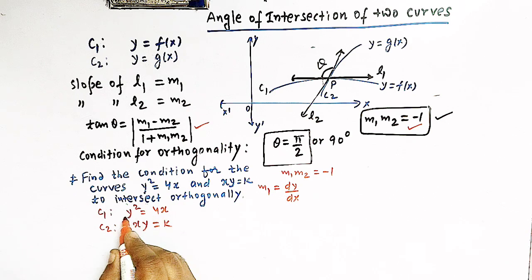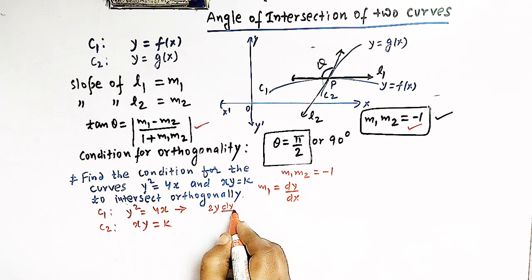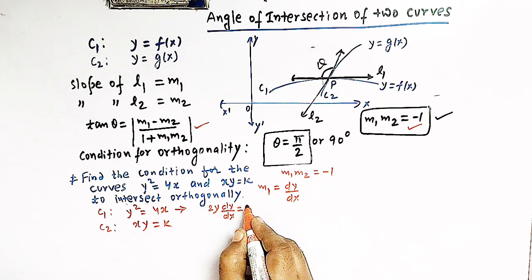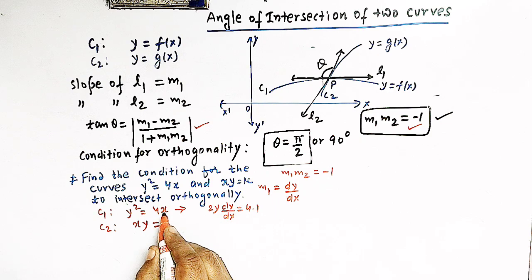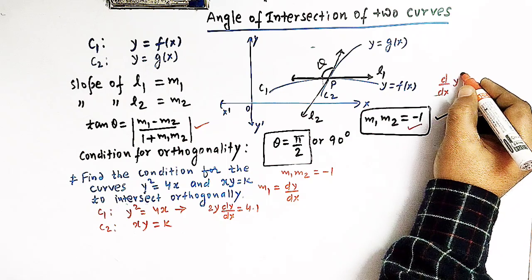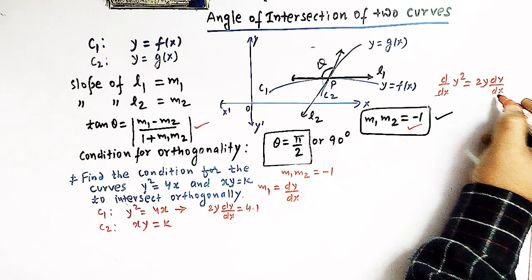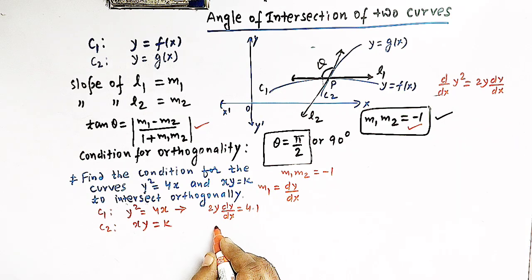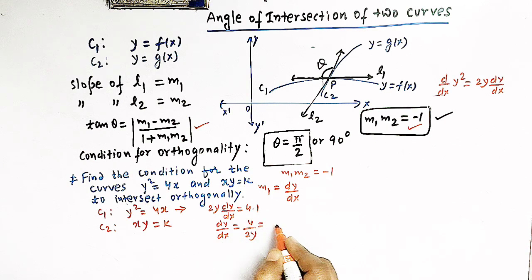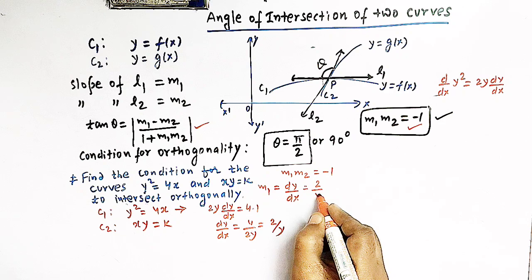So here if we differentiate both sides, then we get 2y dy over dx, and here we have 4 times 1, because the derivative of x is 1, and we know that the derivative of y square with respect to x is 2y dy over dx. So now from here we have dy over dx is equal to 4 over 2y, that is equal to 2 over y, right? So m1 is now given by 2 over y.